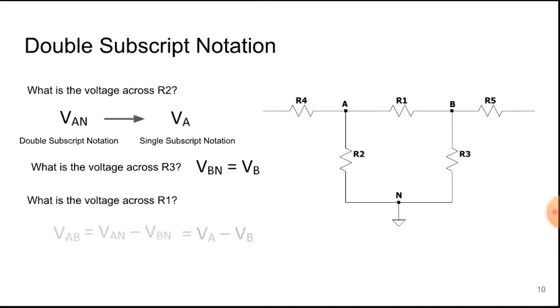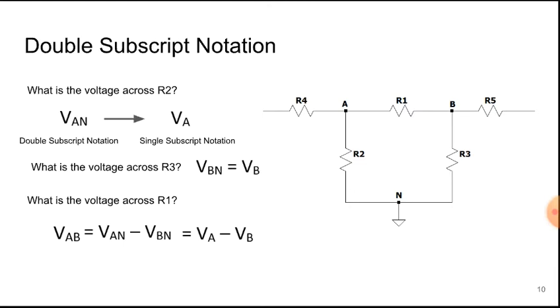And that VAB should be equal to the difference between the voltage at A and the voltage at B. Why? Because if we apply some nodal analysis, if the current is flowing from A to B, the higher potential is at point A. So VA minus VB will be the potential difference at R1.